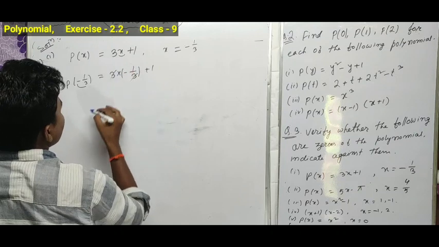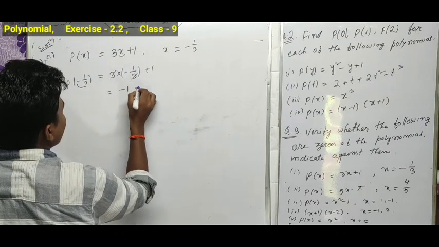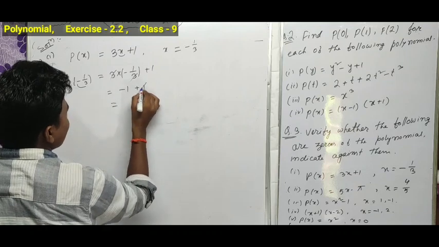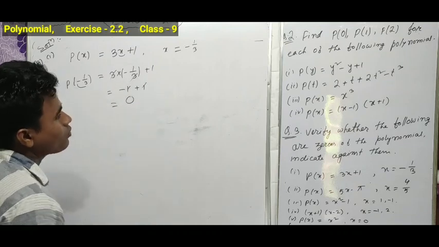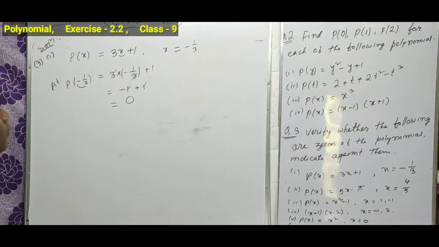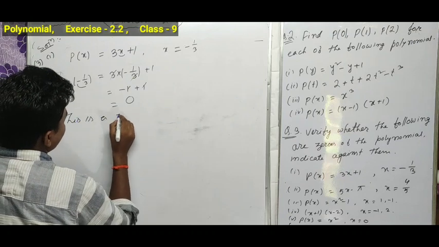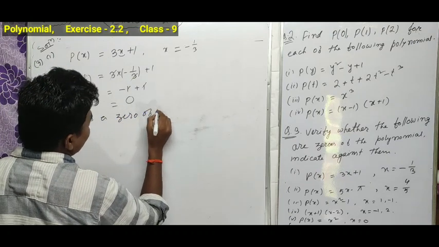You can see the 3s cancel, and minus 1 is left, and there is plus 1. So it is 0. Yes, so we can say that this is a zero of the polynomial.